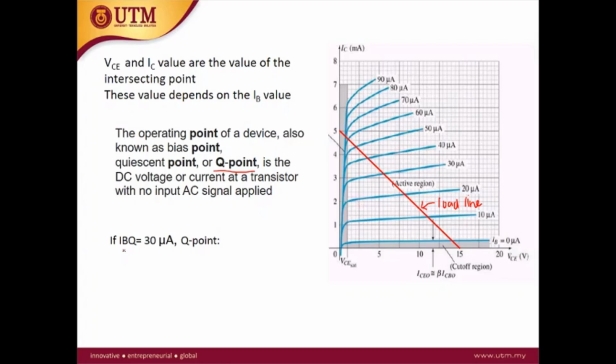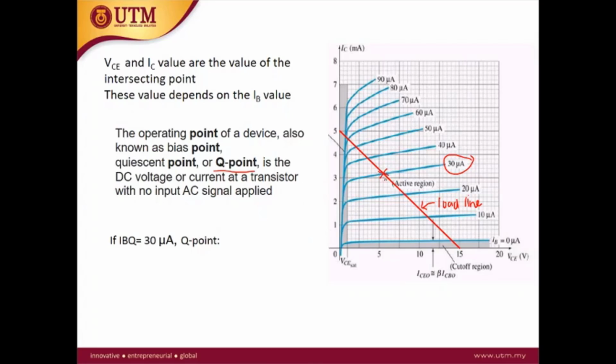Let's say we consider the IBQ, the base current at the Q point, which is 30 microampere. So we can identify the intersecting point.